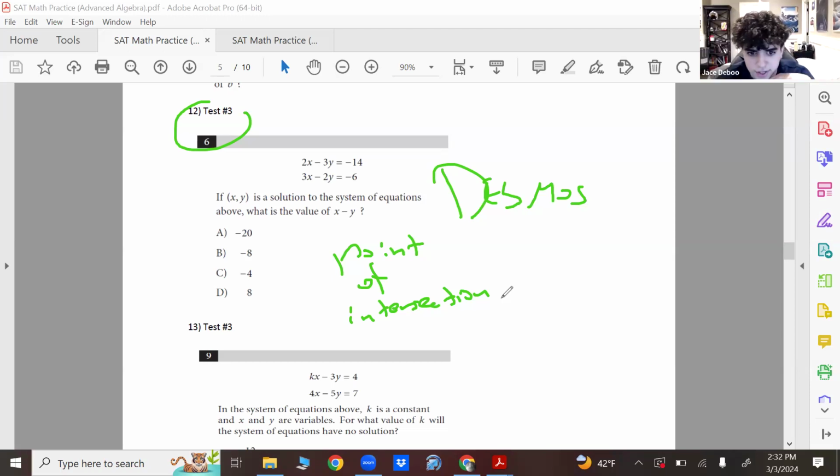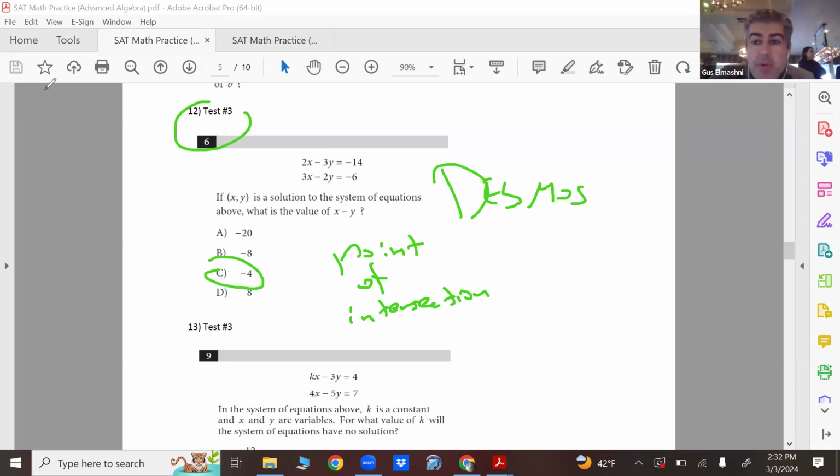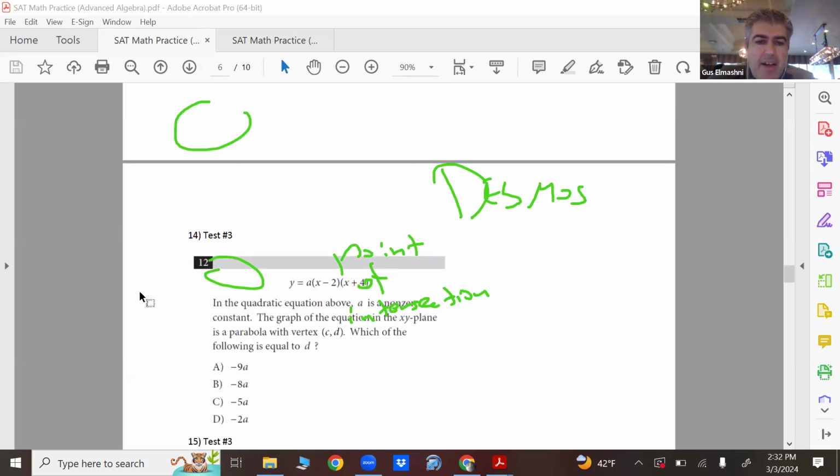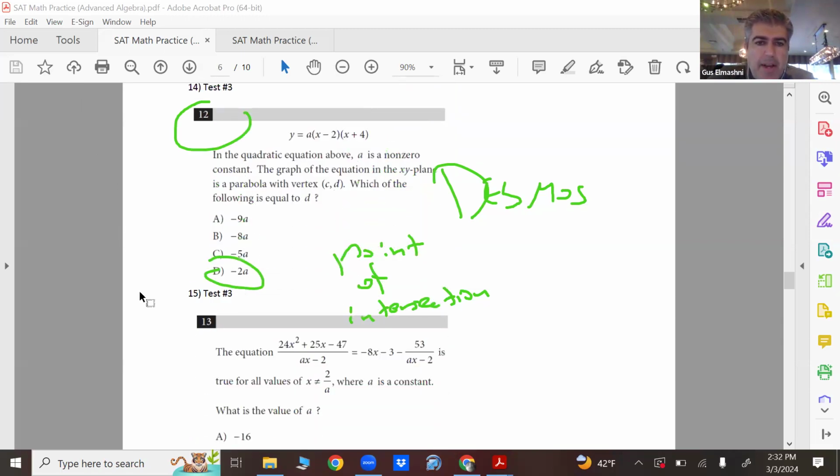It's just the point of intersection is where they're equal. Yeah, and then you want to take the difference in the coordinates. Okay, I got -4. Yeah, I think it's 2, 6. Yep. Perfect. Yeah, just use it. Don't need to do it by hand, right? It's not necessary. I'm gonna skip around a little bit here.